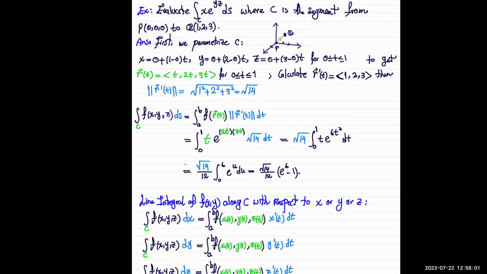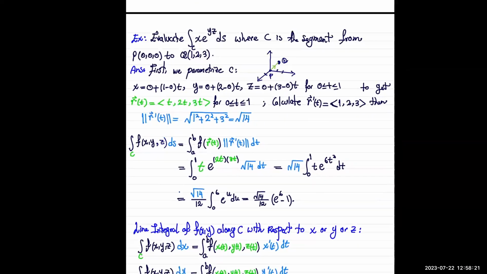We are looking at the function over this curve, over the line. So we plug again the curve, the parameterization of the curve, into the function, and ds again is the magnitude of r prime dt.